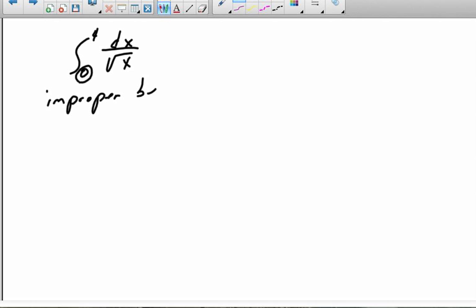Okay, so let's work a couple of examples. We've got the integral from 0 to 4 of 1 over the square root of x dx. So the question is, is this proper or improper? Problem is, this is improper because 1 over the square root of 0 is infinity.